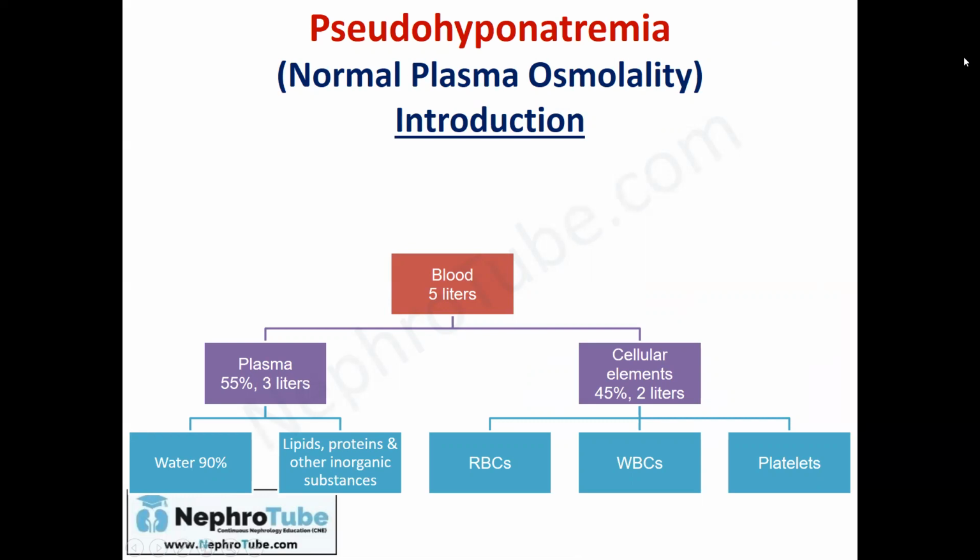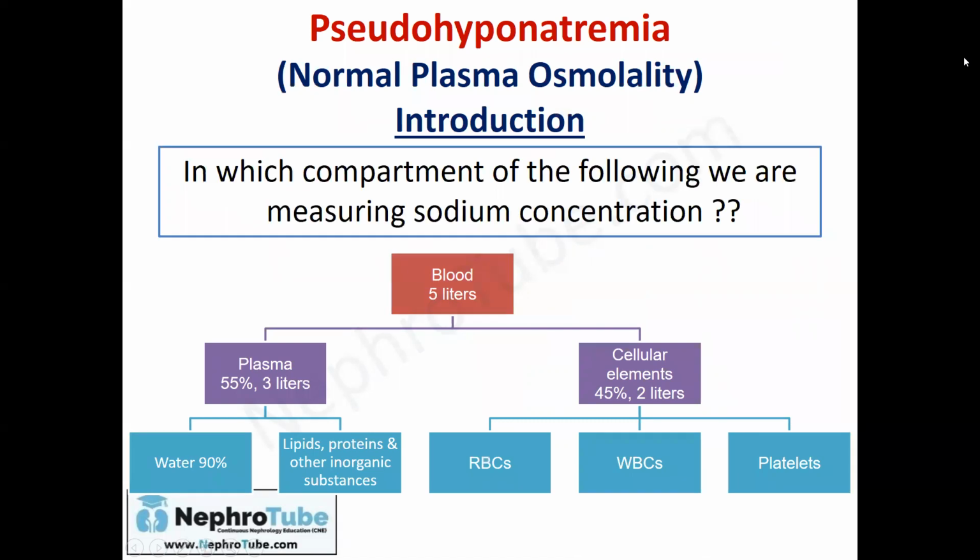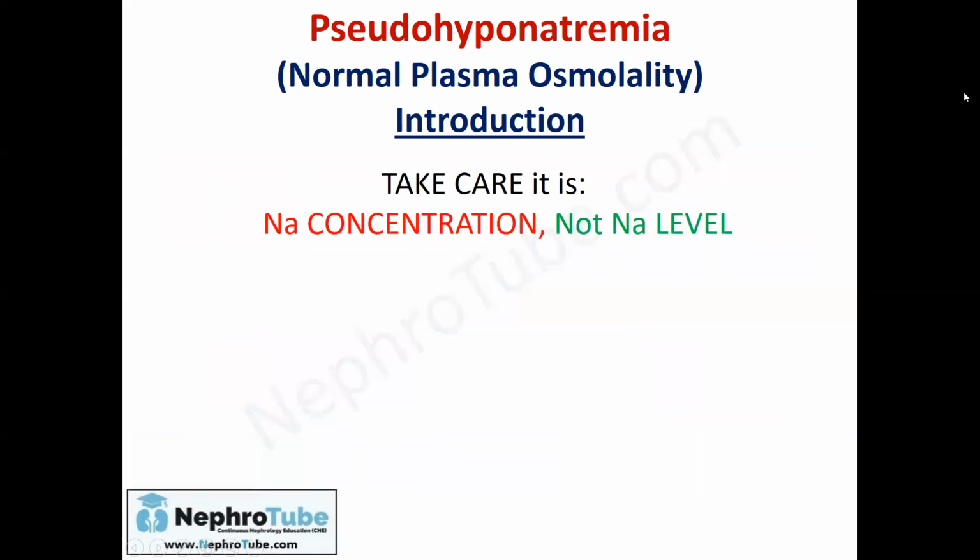Plasma contains water, lipids, proteins, and other inorganic substances, and cellular elements are RBCs, white blood cells, and platelets. My question is, in which of these compartments are we measuring sodium concentration? Yes, the answer is in water. We are measuring sodium concentration in water. So what is the importance of this point?